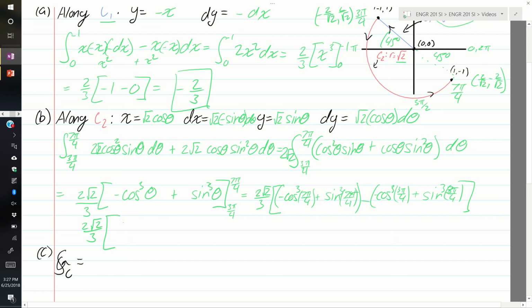So that should be a negative 2 root 2 cubed, plus 2 root 2 cubed, minus, again a negative 2 root 2 cubed, plus 2 root 2 cubed.